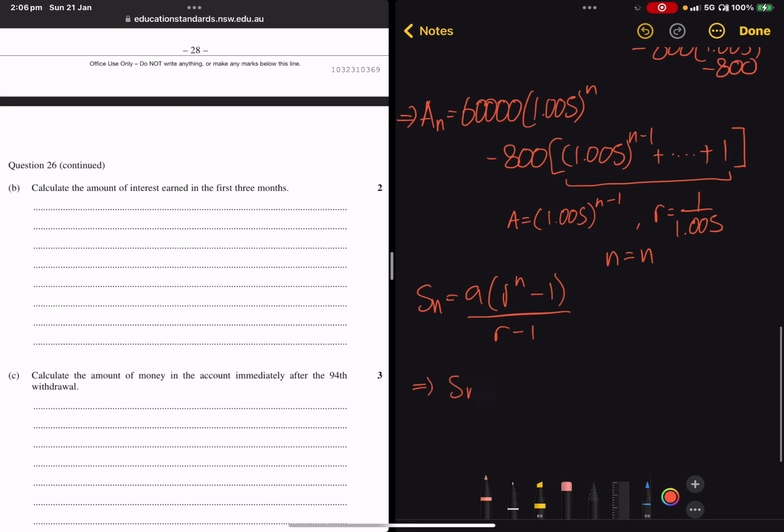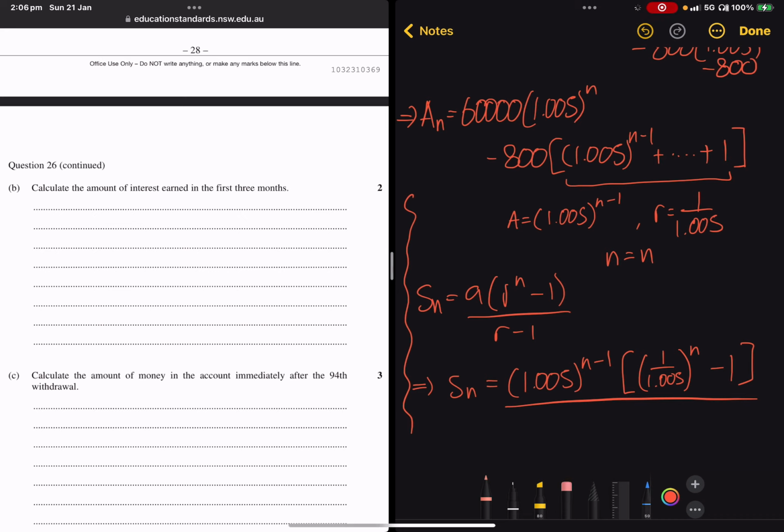So this will give us the sum of n terms is the first term, 1.005 to the power of n minus 1, times the ratio, which is 1 over 1.005, to the power of n minus 1, over the ratio minus 1, 1 over 1.005 minus 1. So this is all just converting this long sum into a single term so we can calculate it.